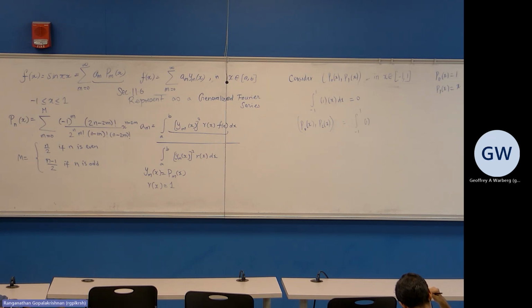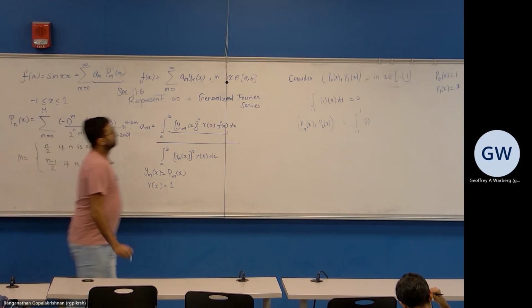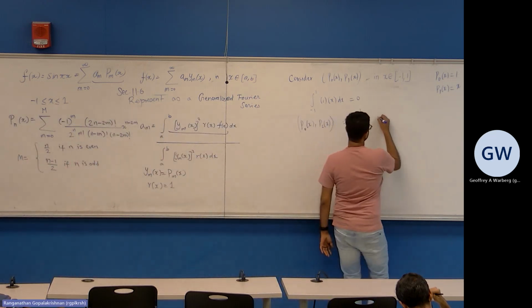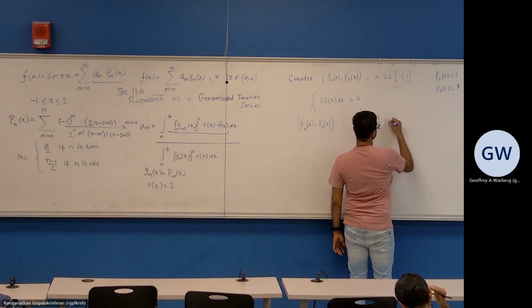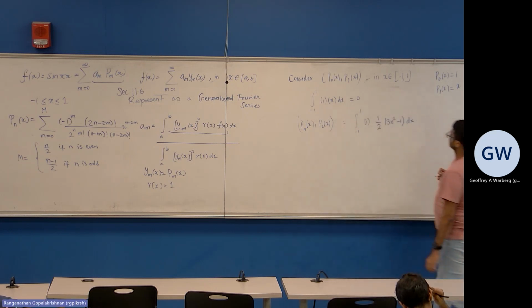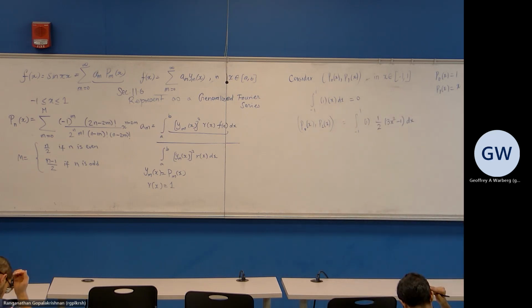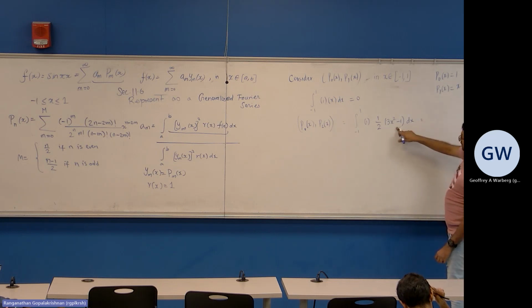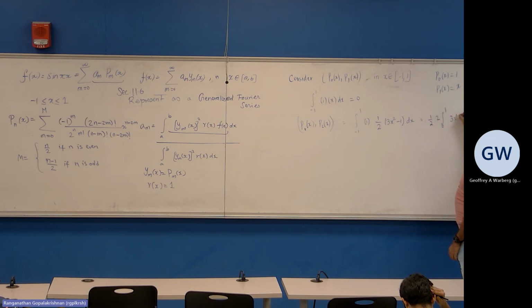Half of 3x squared minus 1, right? So the integral of half of 3x squared minus 1 dx. This is an even function, so this is half times 2 times the integral from 0 to 1 of 3x squared minus 1 dx.